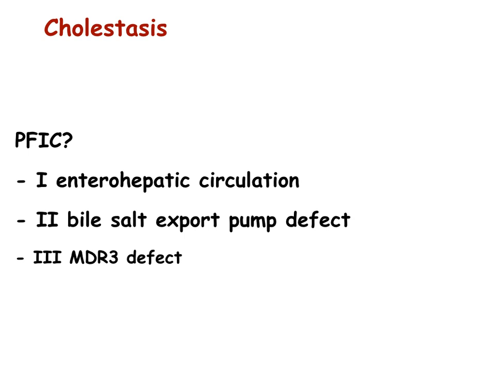Type 1, we have a problem with the enterohepatic circulation. Type 2, there's a problem with the bile salt export pump defect. And type 3, it's a problem with multiple drug resistance proteins. In type 3, the children have elevated gamma GT, contrary to type 1 and 2.